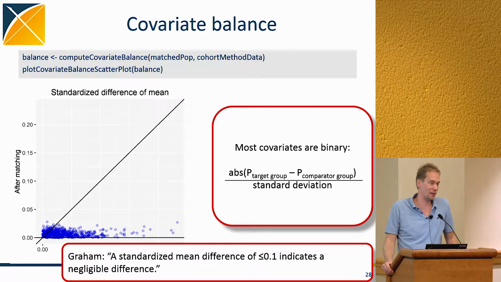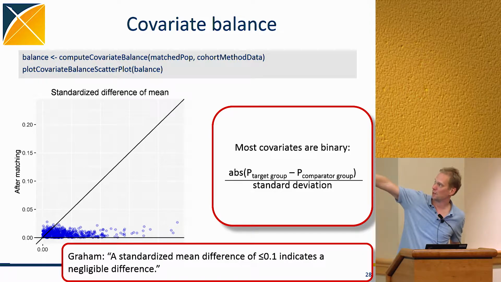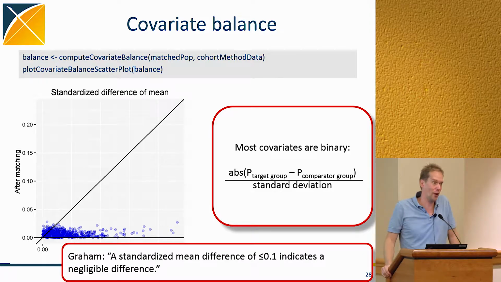I just haven't done that, but like I said, this object, this matched pop, is just an R data frame, and it has a column called stratum ID. If you just set it to null and feed it into this function, I'm pretty sure it will just work, and you'll get the standardized difference of mean just based on the fact that you threw away people that were not matched. That's one of the nice things about flexibility when you're in an R package, is that you could write that R code yourself and just do that if you wanted to.